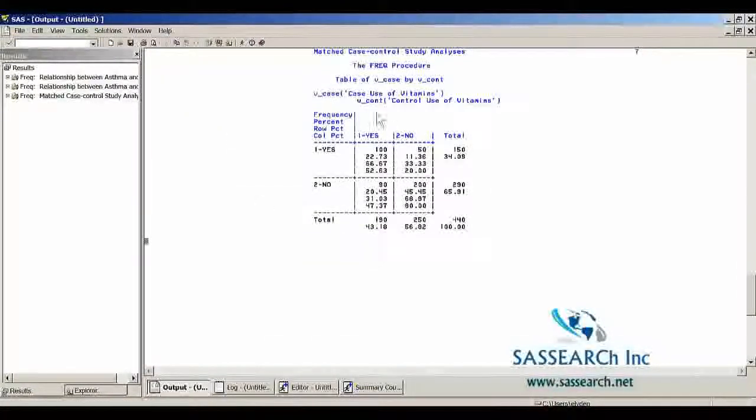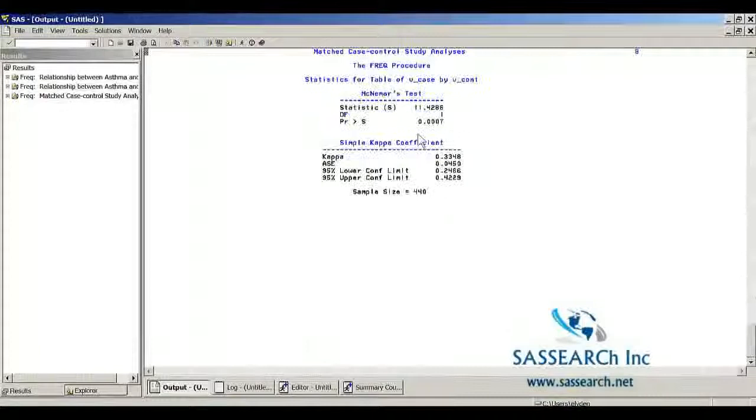So here we have our 2x2 table of case use of vitamins and control use of vitamins. And here this number 440 indicates that we have 440 pairs of cases and controls.